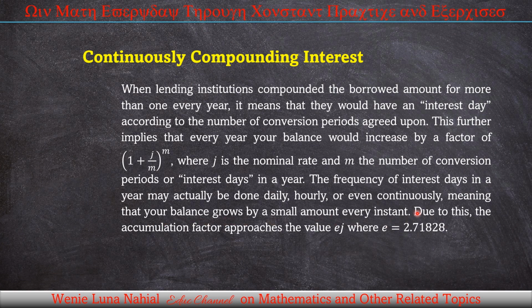Due to this, the accumulation factor approaches the value e^j, where e is Euler's number, equivalent to 2.71828.